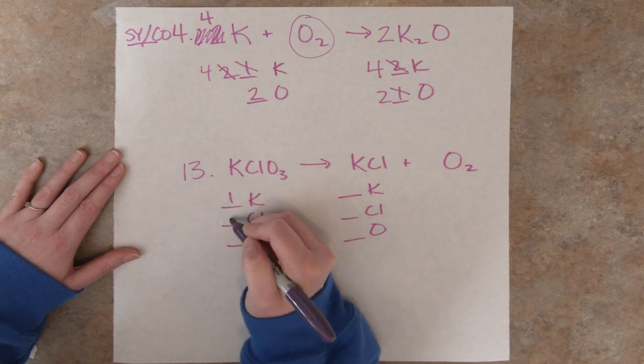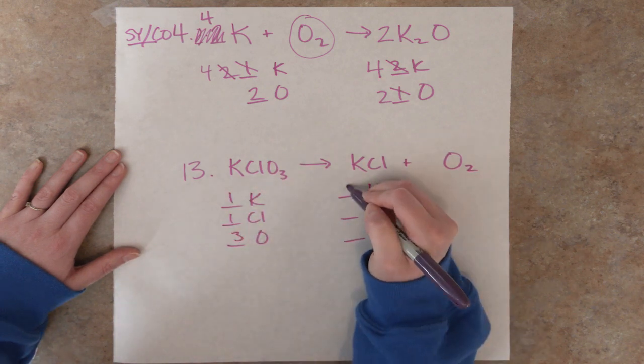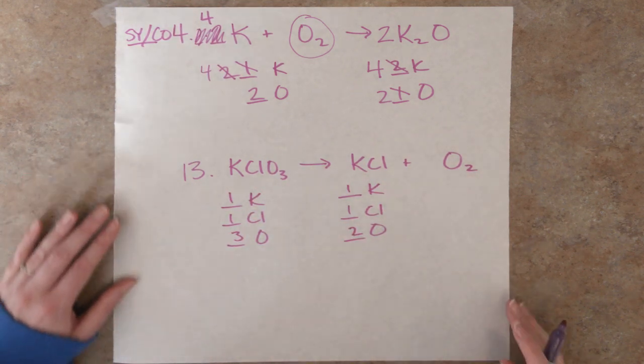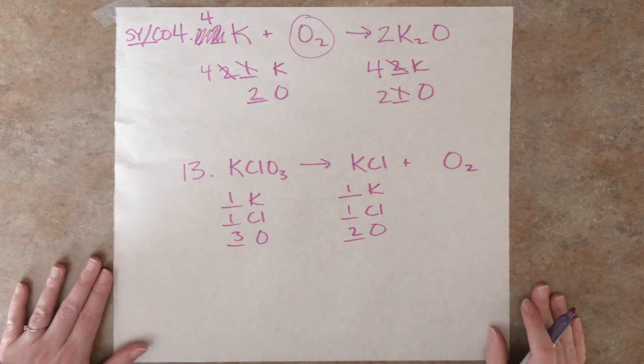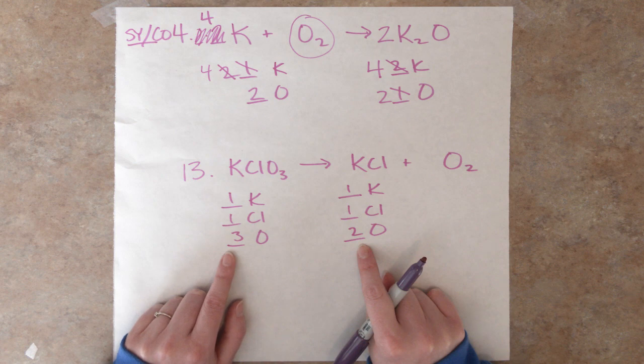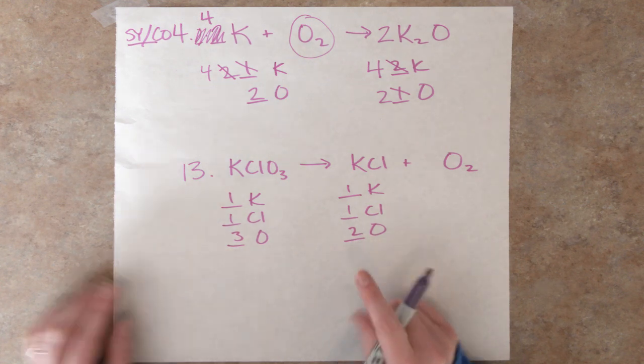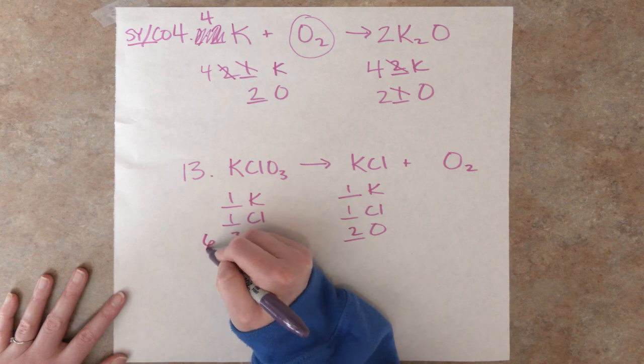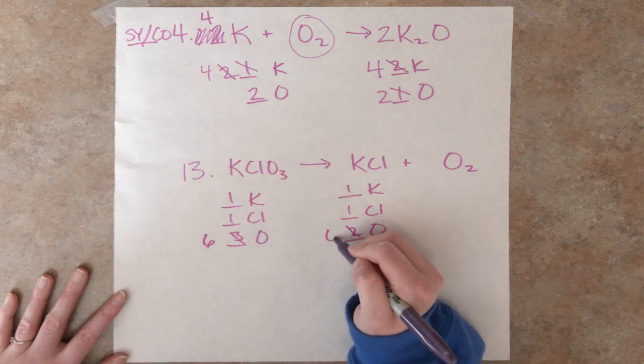So my counts are 1, 1, 3, and 1, 1, 2. So looking at this problem, the best way to do this, since my problem is with my oxygens, is to find the least common multiple and then make both sides equal to the least common multiple.